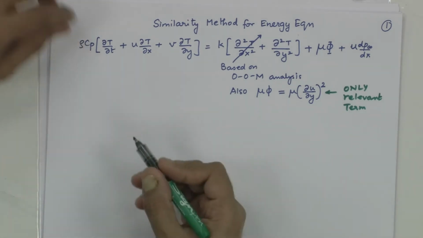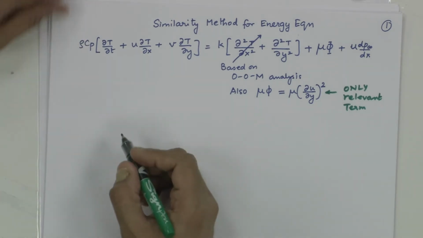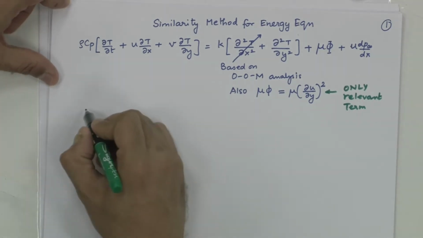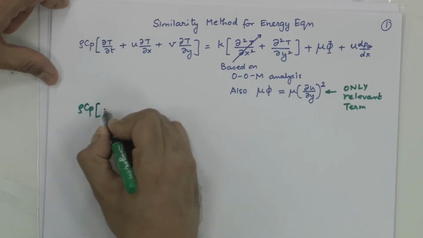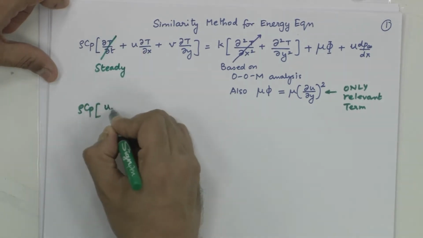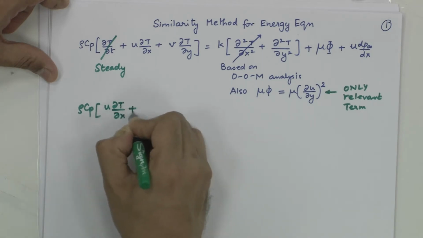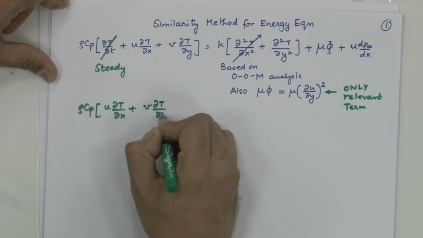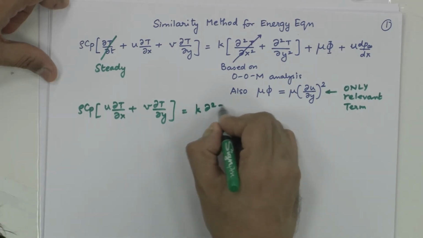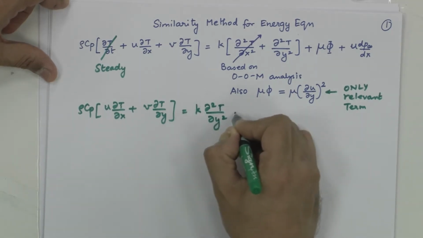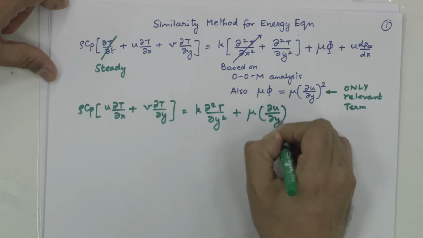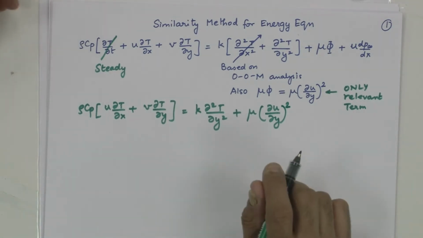So then based on these simplifications, we will rewrite the energy equation, and of course we are talking of steady state, as rho Cp times (u dT/dx plus v dT/dy) is equal to k d²T/dy² plus mu into (du/dy) whole square.